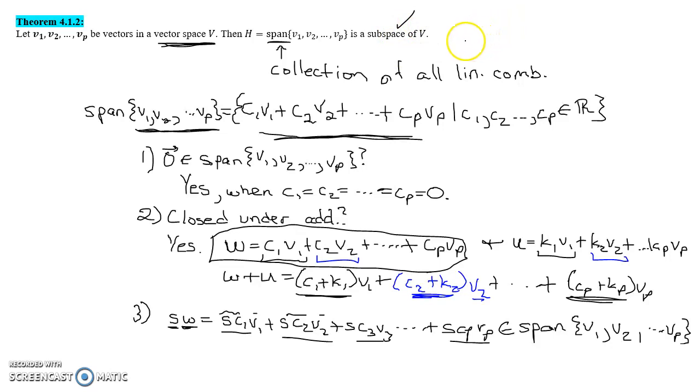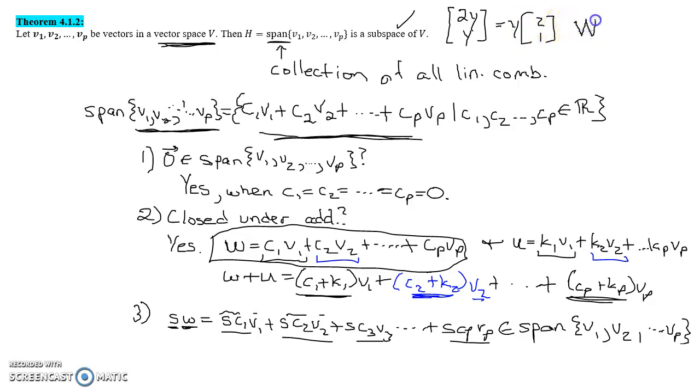So this is really useful. This gives you another way to prove that a collection of vectors is a subspace. We had a previous example in the notes where we said consider the subset of two-dimensional vectors where the first component is 2 times the second component. So we could write this as y times the vector (2, 1).